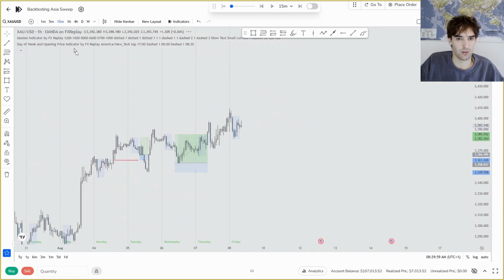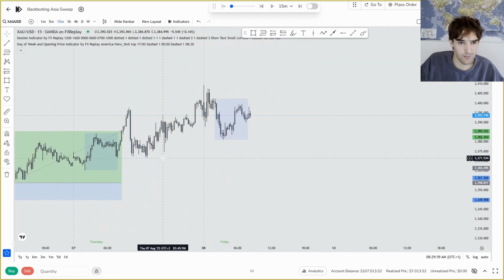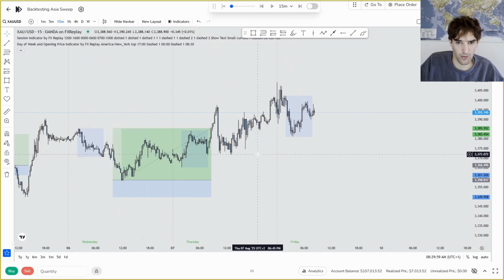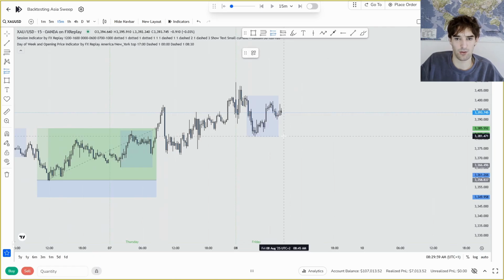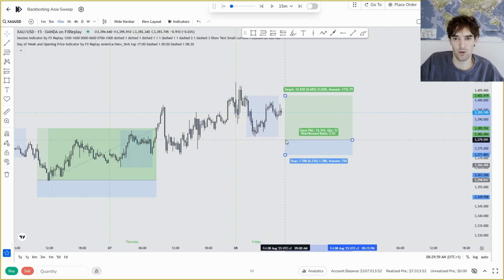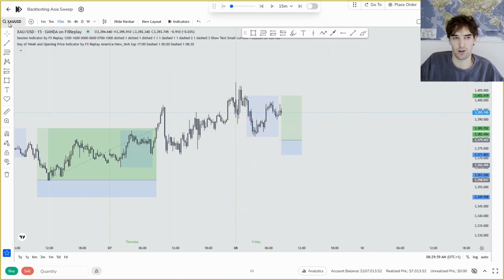Then gold still bullish. Can't see any clean lows. You could say this one, but I would not take it as a clean setup. I'm just gonna put it on, but I would not take it on my funded accounts, maybe challenge accounts. So yeah, let's take a look.